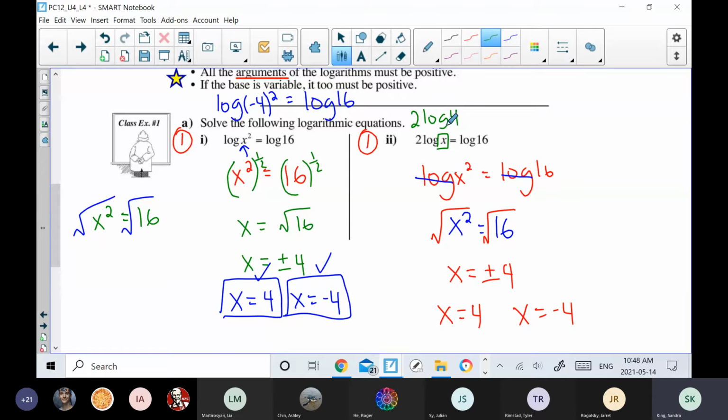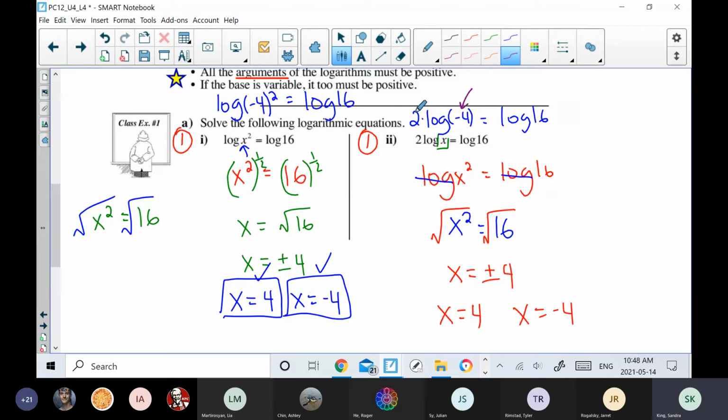You can't ever have a negative argument. However, if I input this guy back into the original, it has to go into the original. It would be 2 times the log of -4 is equal to the log of 16. In the original equation, if you have a negative argument, it has to be extraneous.